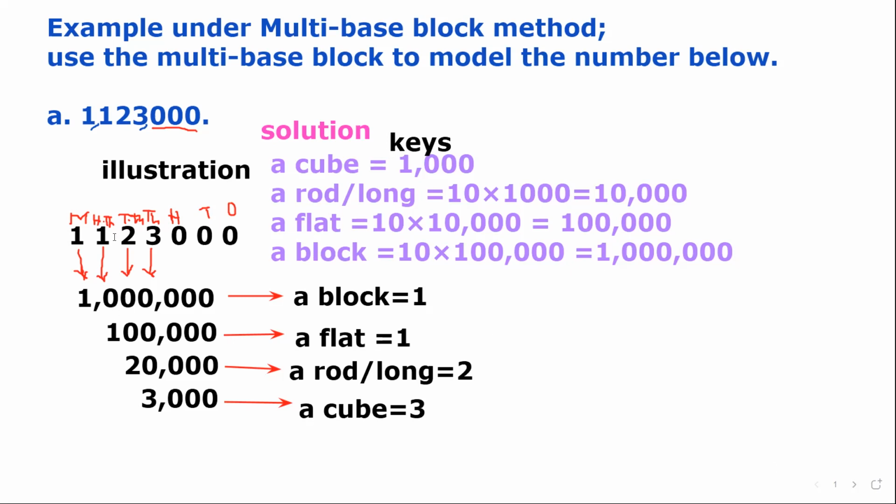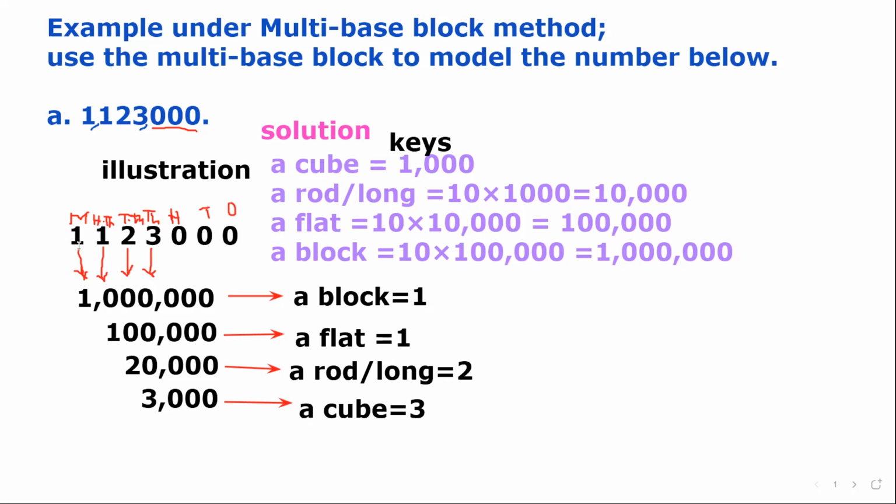And after then, you write the what? The values, the real values of the numbers. And the real values are obtained by taking the face value of the number times the position where the number occupies.